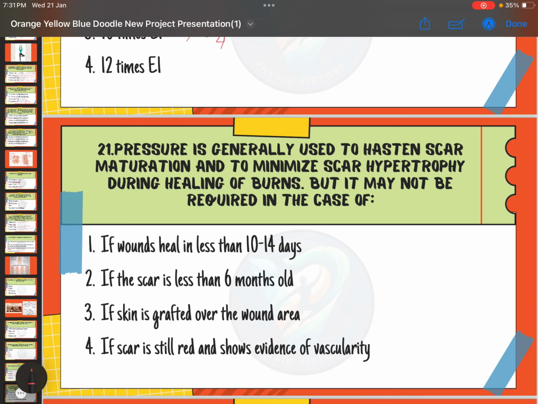Here the correct answer is option 1 if wound heals in less than 10 to 14 days.